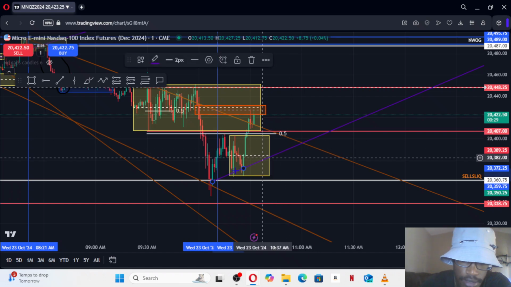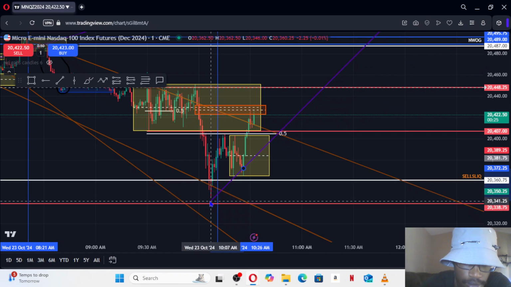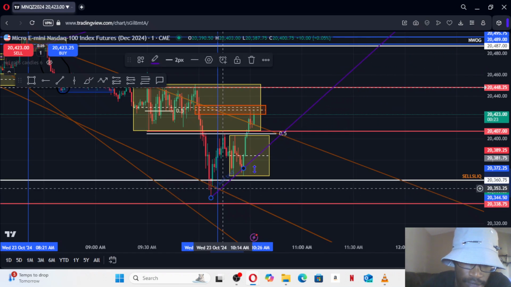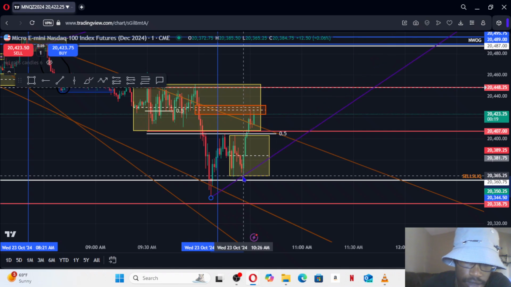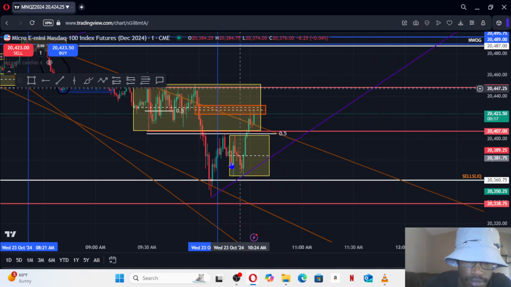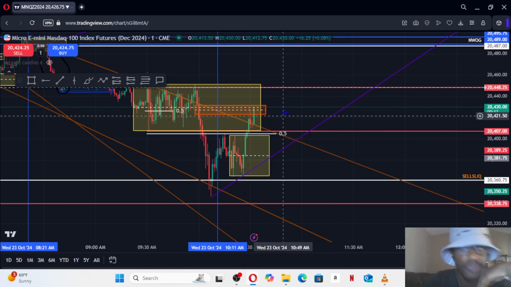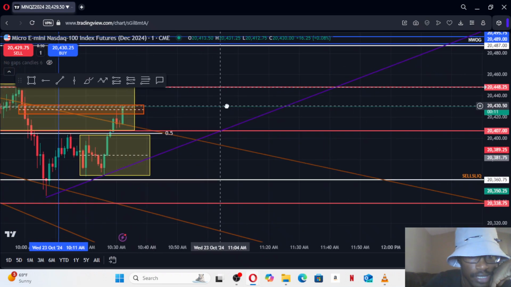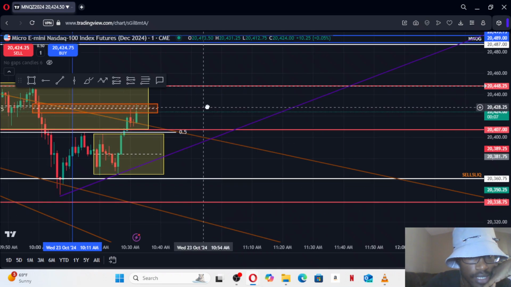As you see the points I drew it from, you can use a low, make it a little steeper if you want. I mean, not the lows, the wicks. All right, so we getting close through it. Now we're gonna eat it.